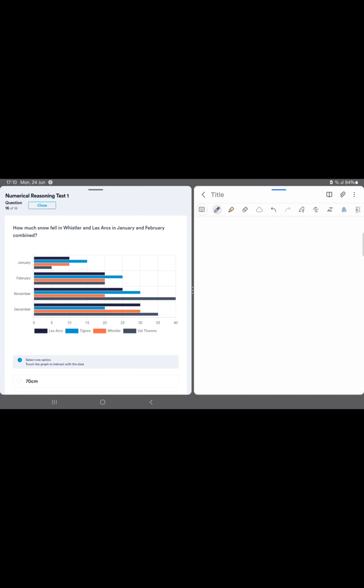Okay, and then for the next and last question, we have how much snow fell in Whistler and Les Arcs in January and February combined. Okay, so for Whistler, January is 10 and February is 20.